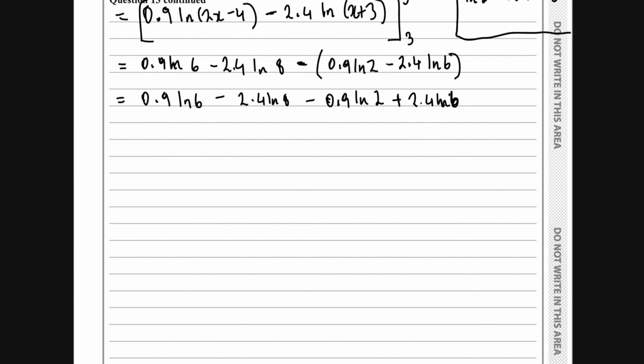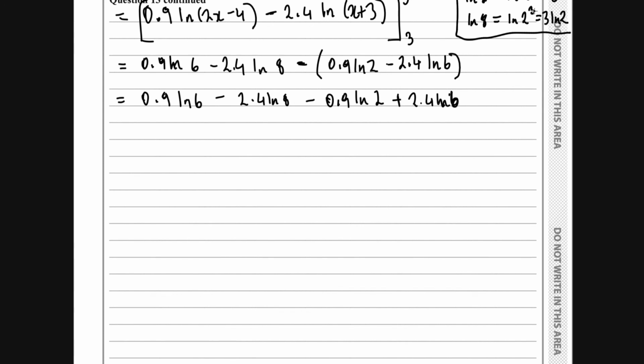With ln 8, it's a little bit more complicated. 8 is the same as 2 to the power of 3, and here you have to use your index logarithmic law and take the power to the front. This is going to equal 3 ln 2.